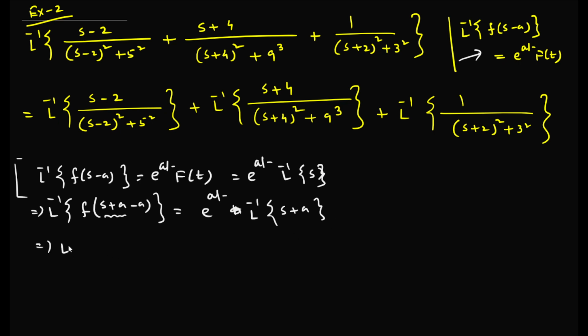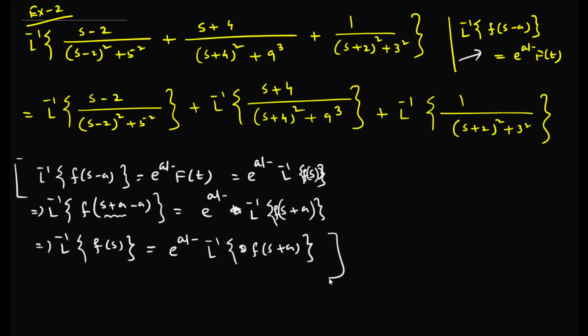So this implies L inverse of, here a cancels out, L inverse of f of s is equal to e to the power at, L inverse of what? This is our f of s plus a, f of s plus a.